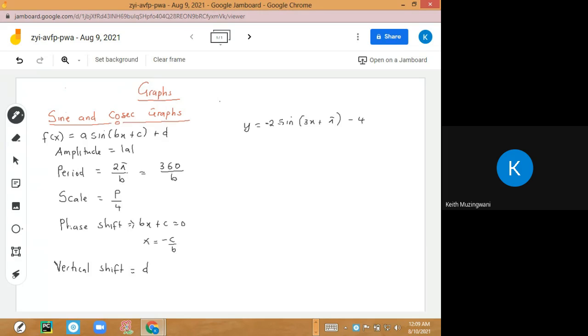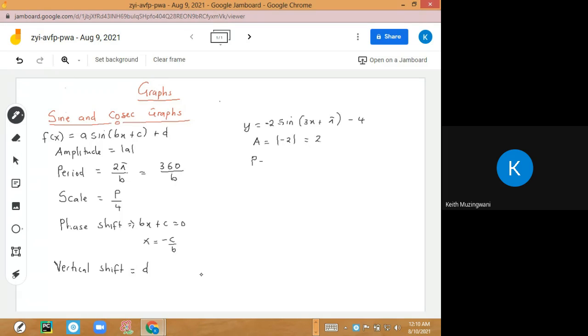Then they ask you to find the amplitude. The amplitude is the modulus of the coefficient of sine, which is negative 2 in this case, so it will come out to be 2. That's the use of the modulus.